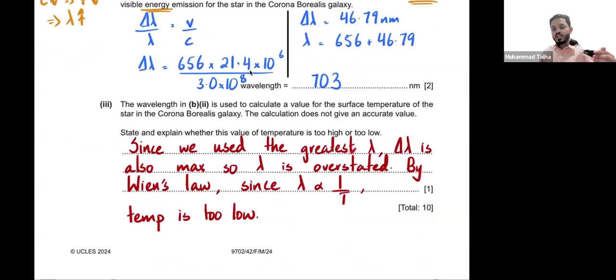It's more than it actually is, right? So because my lambda here is overstated, because of this inverse proportion, the temperature is understated. Because the wavelength was more than it actually is, the temperature is less than it actually is, right? So this is the reasoning for this part.